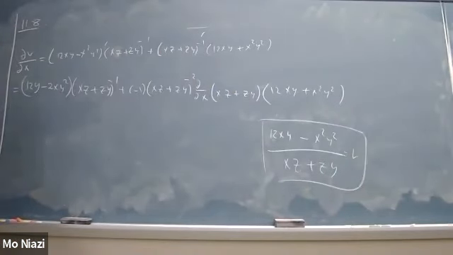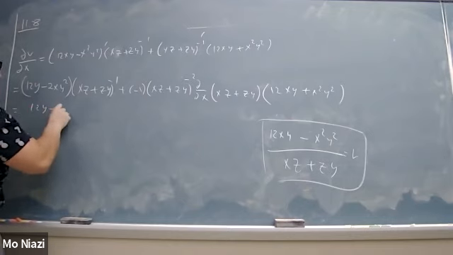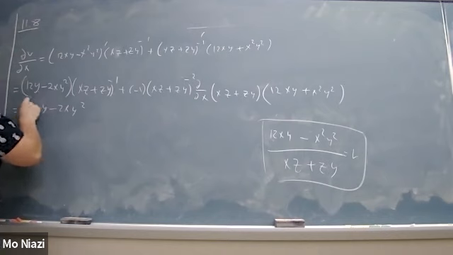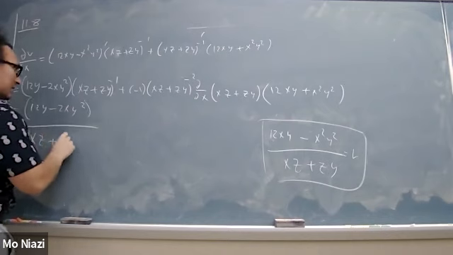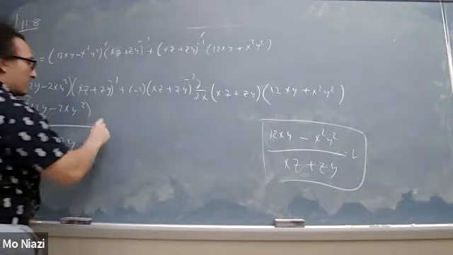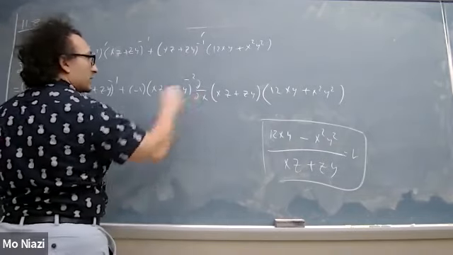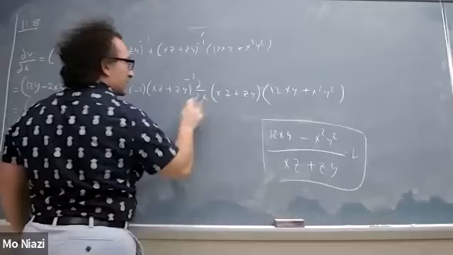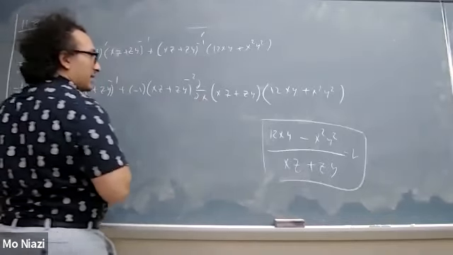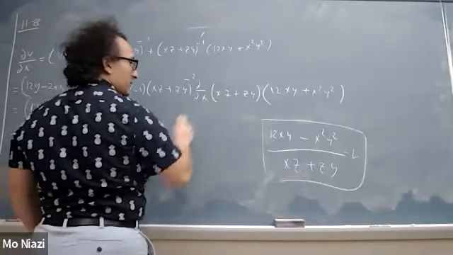So this breaks down to (12y minus 2xy squared) divided by (xz plus zy), minus this right here multiplied times that. This just gives me a z, and that's it.